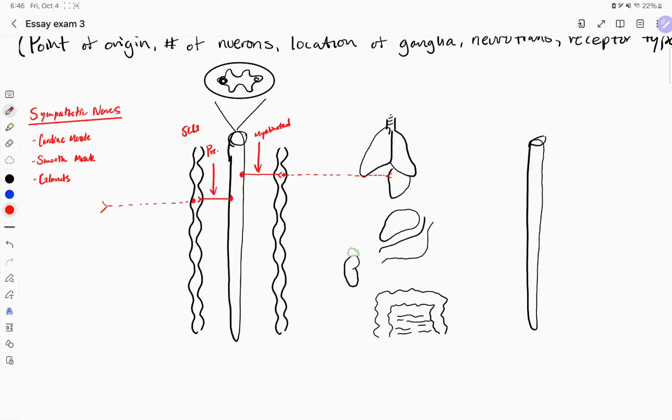So our sympathetic nerves are going to synapse at those places. And those organs or muscle, whatever it may be that it's synapsing at, is known as an effector that is generating a response.